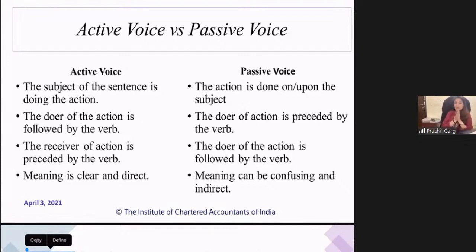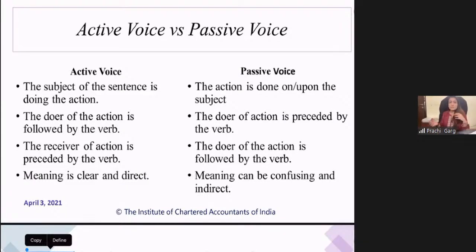When it comes to meaning, in active voice it is quite clear, straight, direct and concise what we are trying to say, because we know who did the action and what action took place. In passive voice, at times it gets very confusing: what happened, who did the action and who received it.